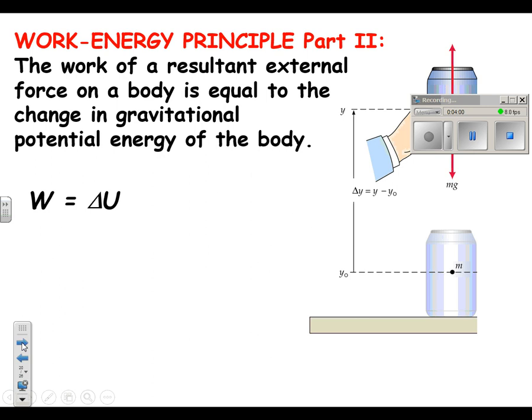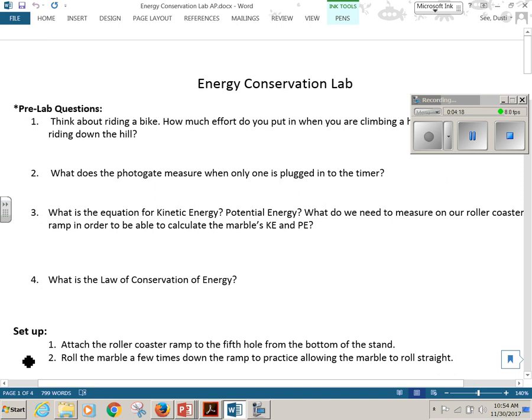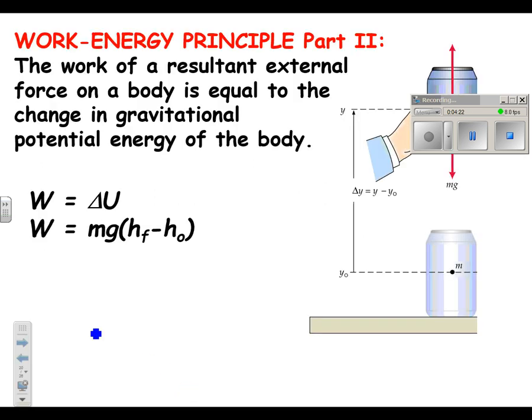If we say that W is equal to the change in U, then we could expand that out and say it's mg times the final height minus the initial height. Something to realize is that lots of times we're going to be able to say that force times distance equals mg delta h.